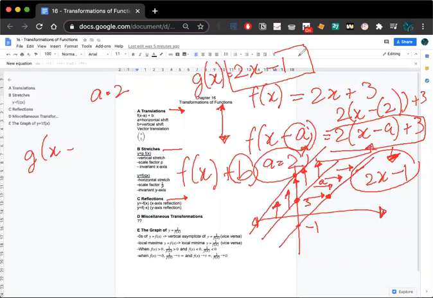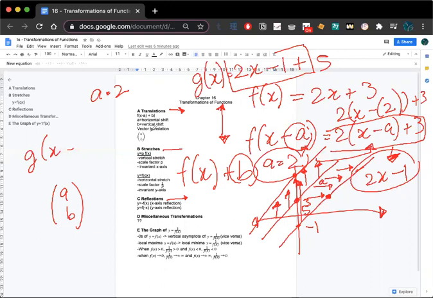If you add 5, then it shifts up 5 coordinates. And this shift, if you want to write it in terms of vectors, can also be written as (a, b), showing its horizontal and vertical shifts.